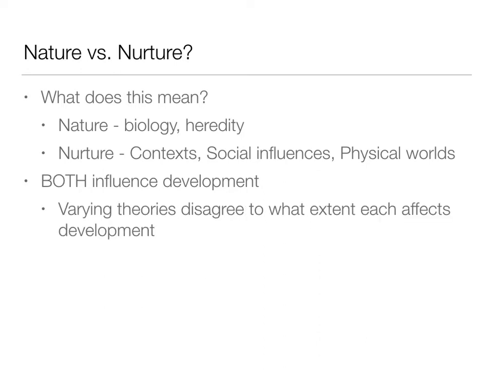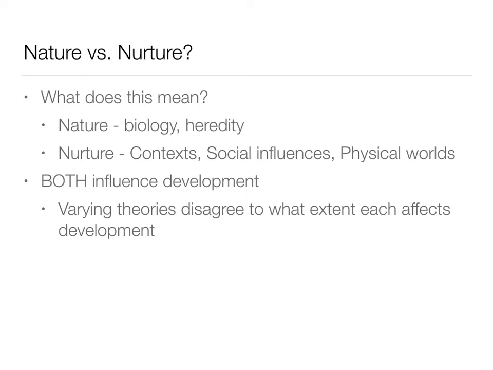We'll see that different theories disagree to what extent nature plays a role or to what extent nurture plays a role, what role genetics plays versus what role environment plays. We'll talk about some in chapter 3, even on the genetic level, that both biology and environment can be very important, even just at the level of the genetic code.